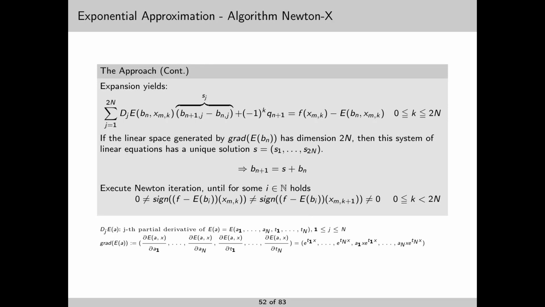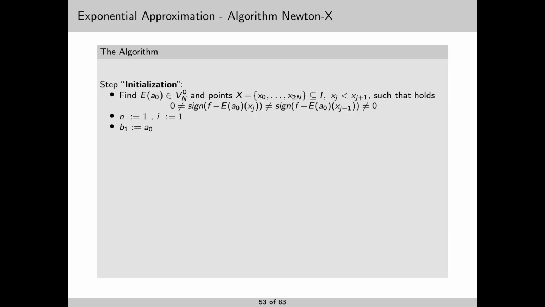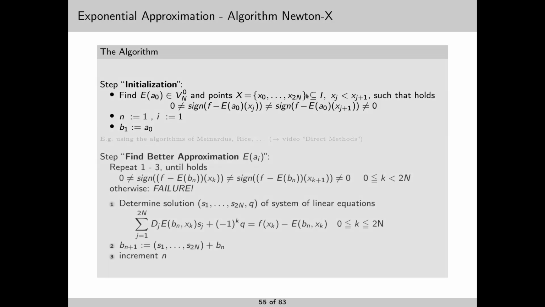Now, putting everything together, this is the algorithm Newton-X. We start with an exponential sum for which 2n+1 points xi exist with alternating values of the error function. Determine a set X of such points xi. An exponential sum with that property may be constructed, for instance, with one of the algorithms of the video on direct methods.